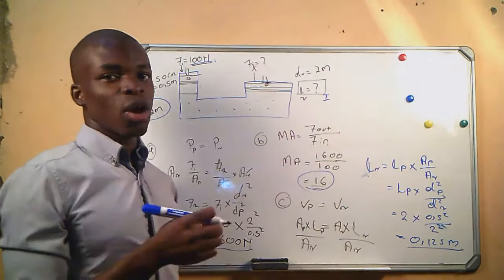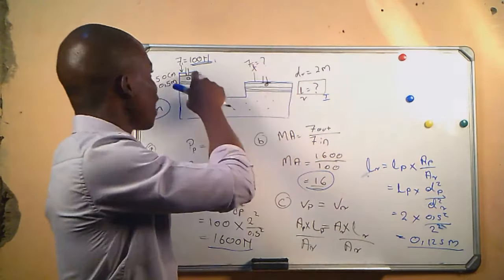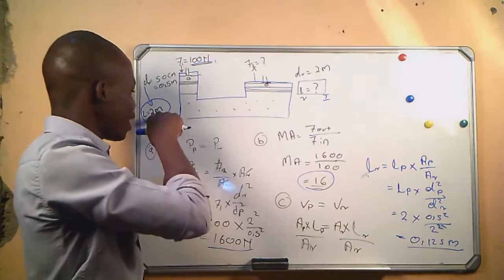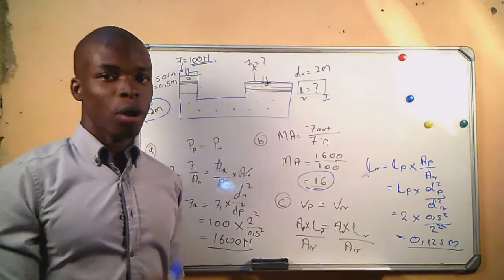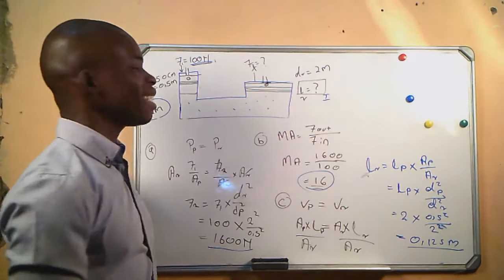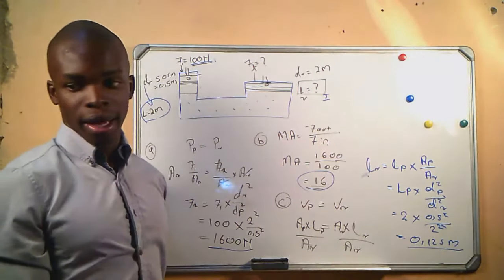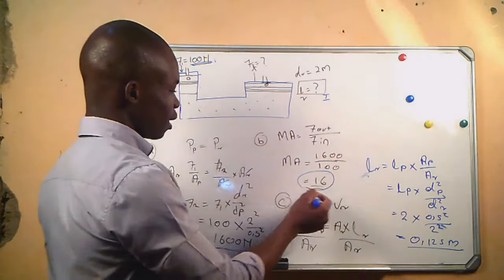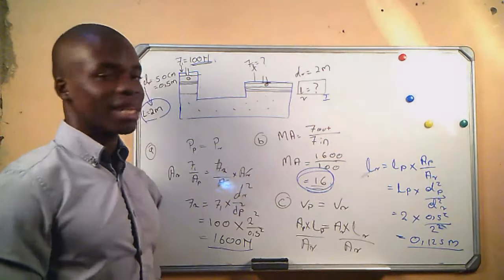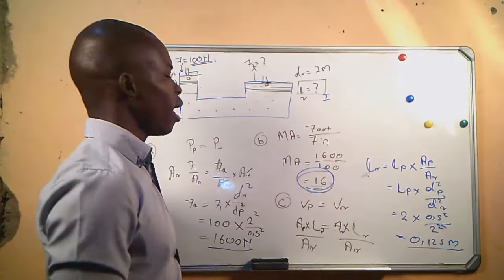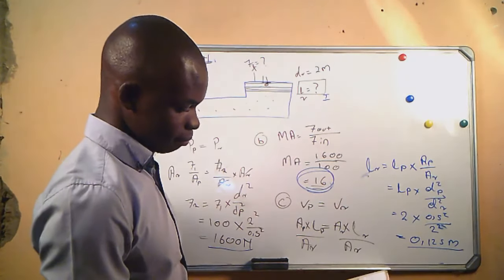So in this case, we are sacrificing the stroke length for the force. The 16 is a result of the piston on the ram moving a short distance, and that is basically everything.